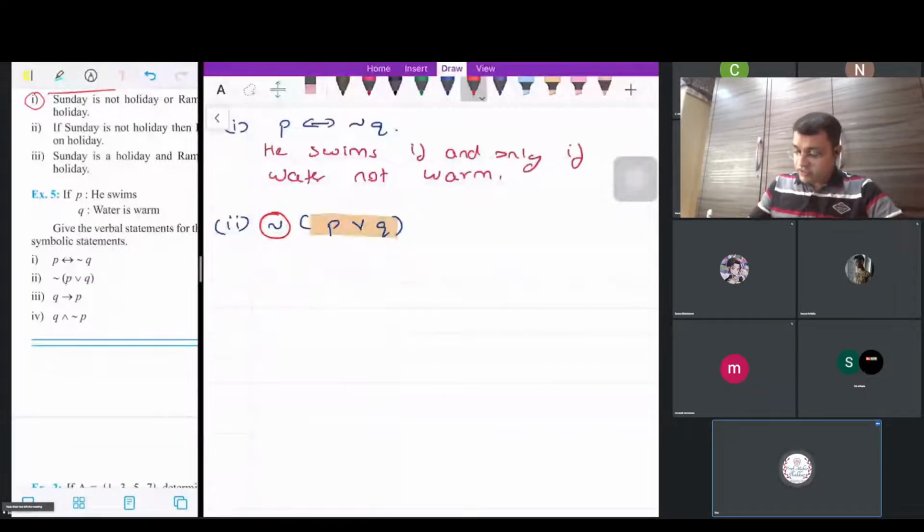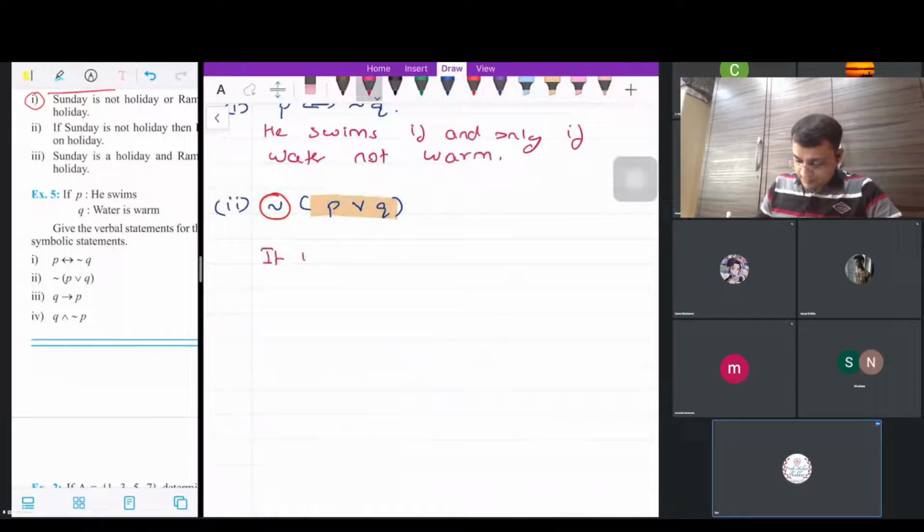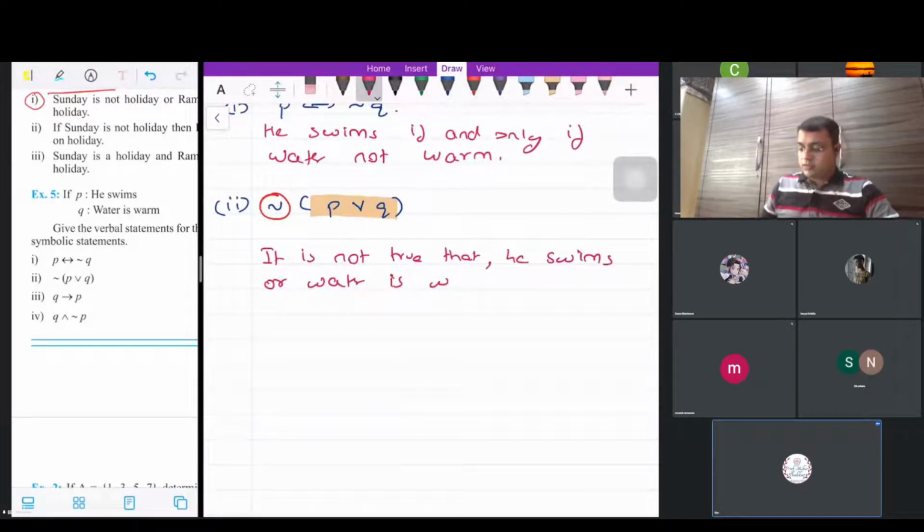Therefore, the answer that we will be writing is in the same way. It is not true that he swims or the water is warm. Simple ones.